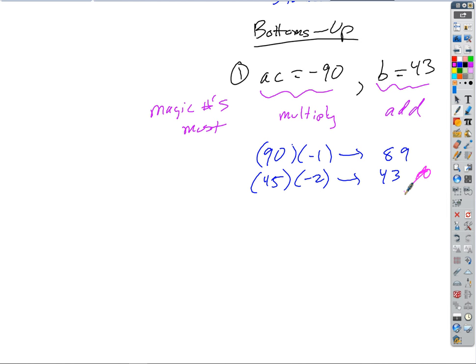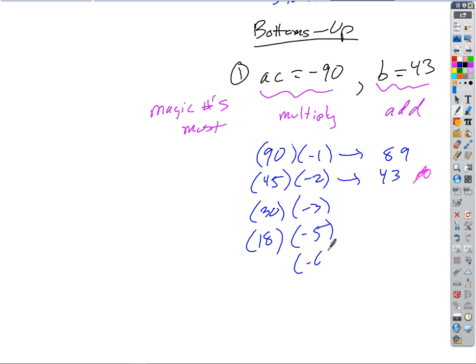There's a trend you can use that makes this process a lot more efficient. So what if I were to continue my factor tree? I could make this a negative 3, and I could make that a 30. I could make this a negative 5, and this would be 18.